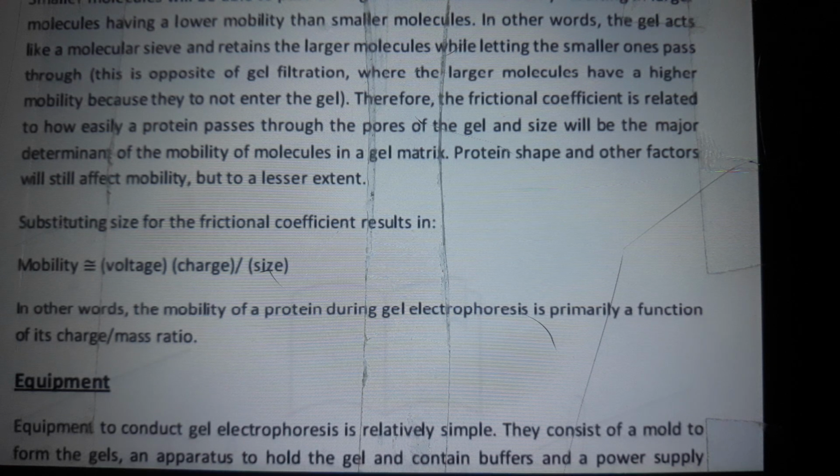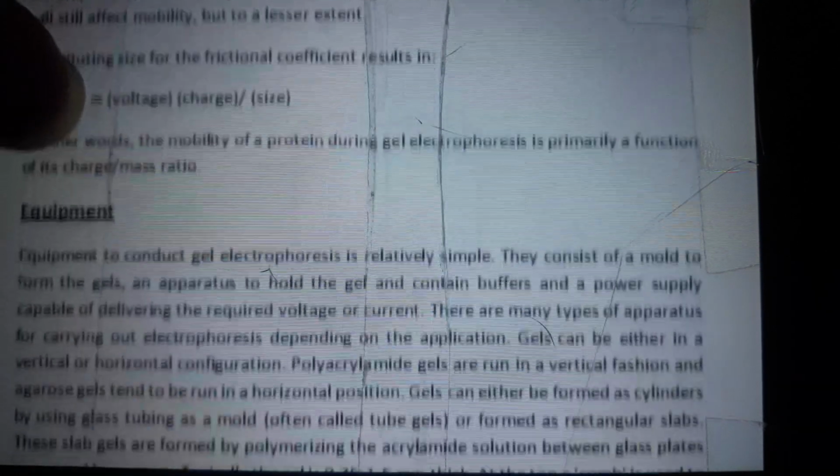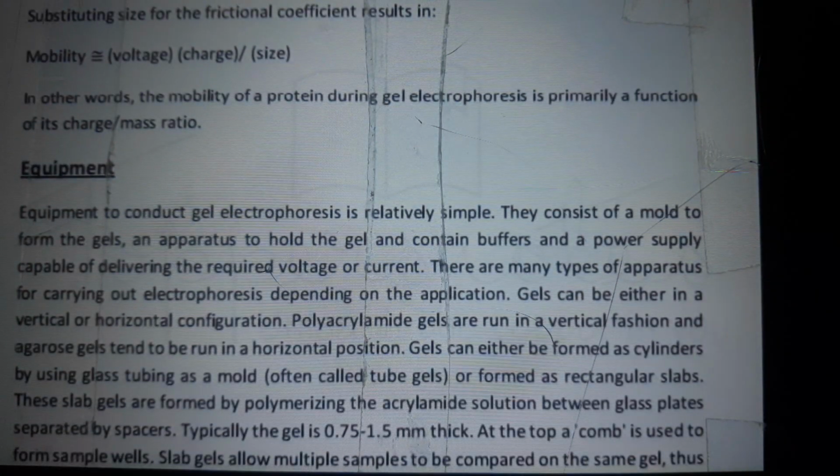Therefore, the frictional coefficient is relative to how easily a protein passes through the pores of the gel, and size will be the major determinant of the mobility of molecules in the gel matrix. Protein shape and other factors will still affect mobility, but to a lesser extent. Substituting size for the frictional coefficient results in mobility being equal to voltage times charge divided by size.